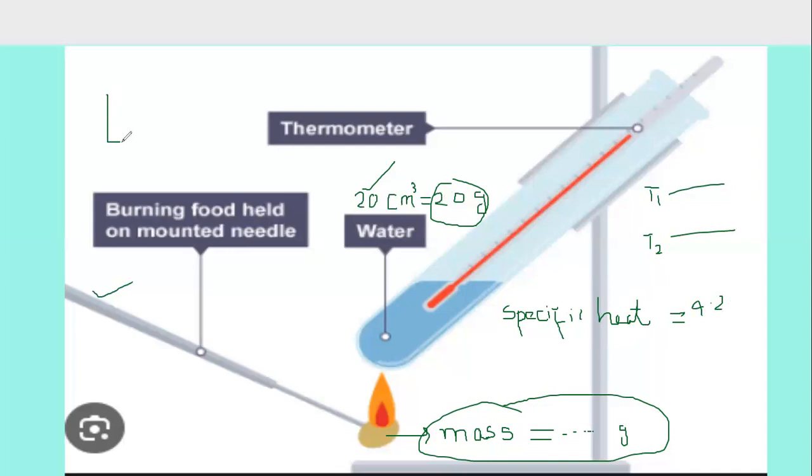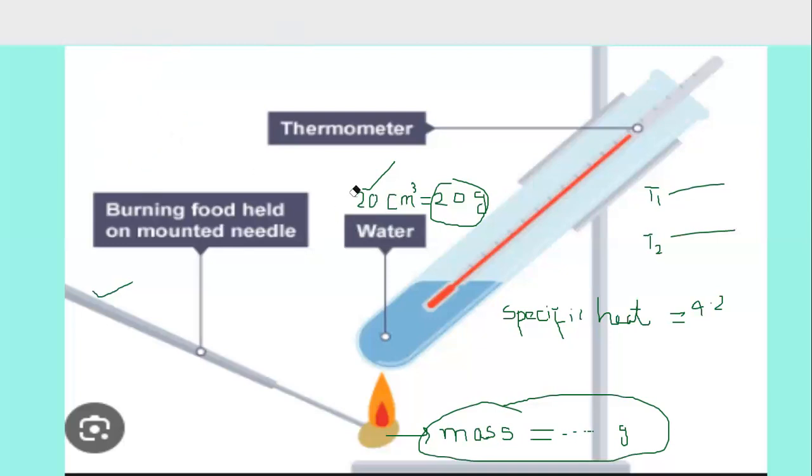Remember, suppose we have got in a beaker 1 gram of water. Okay. And the temperature is, let's say, 20 degrees Celsius. So you have to heat the water till the temperature becomes 21 degrees Celsius. So the amount of heat needed to raise the temperature of 1 gram of water by 1 degree Celsius is actually the specific heat of water, and that is a constant value 4.2.